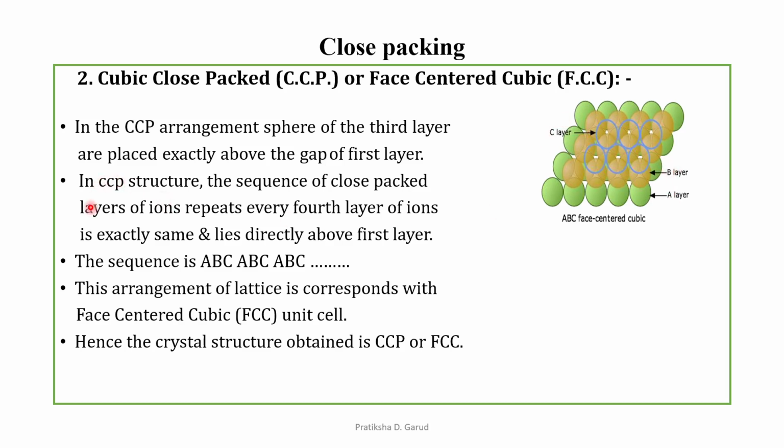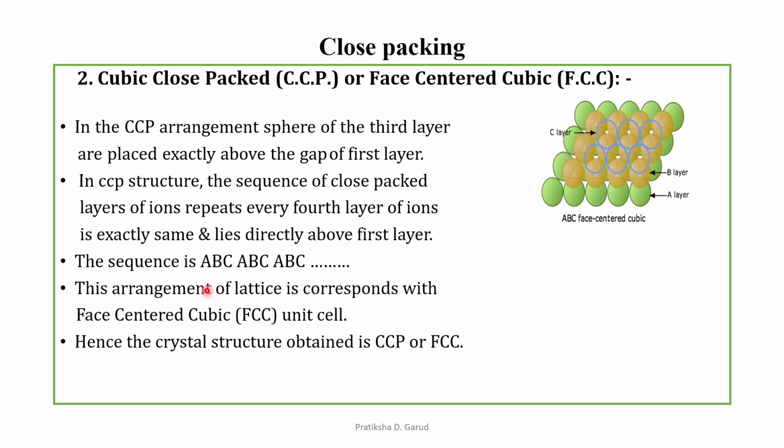So in the CCP structure the sequence of close packed layers repeats, and every fourth layer of ions is exactly the same and lies directly above the first layer. We get the A layer, the first layer. In the gaps of the A layer we put the second, the B layer, and on those gaps we put the third layer, the C layer. Then again we put the first layer on the heads of the A, again B layer, again C layer.